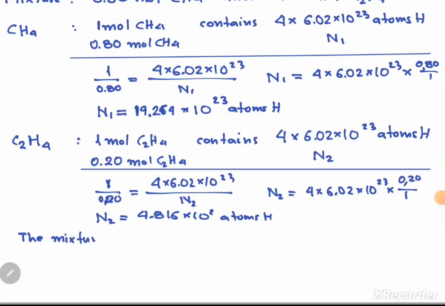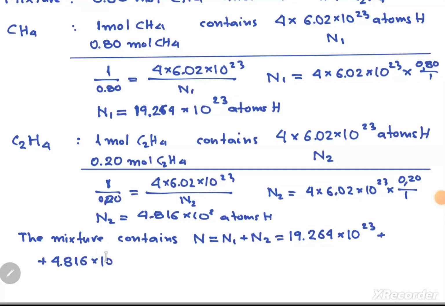The mixture contains N1 plus N2 is equal to 464 times 10 to the 23 plus, and the total is 24.08 times 10 to the 23 atoms hydrogen. Example 5.